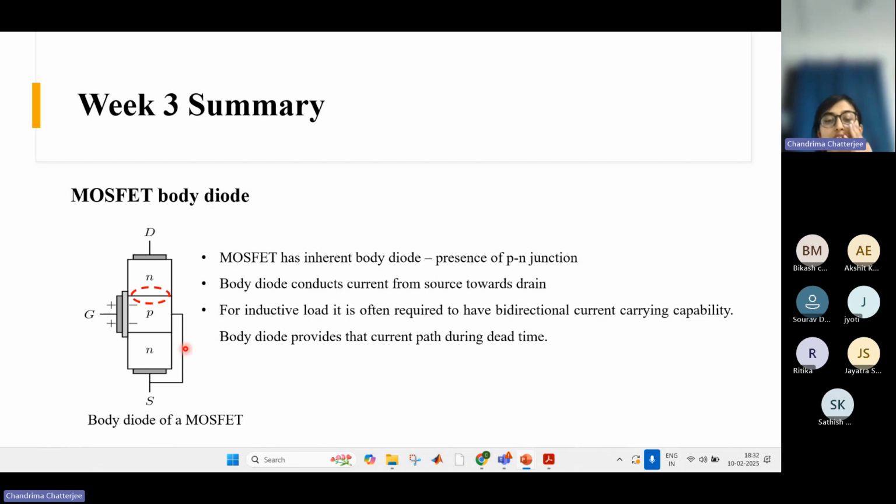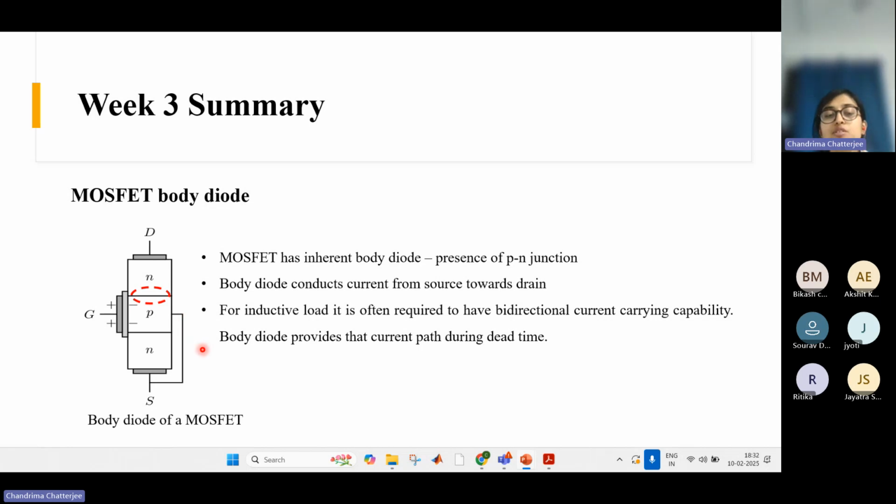So for some voltage source converters, if some inductive load is present, then sometimes it needs a freewheeling path during the dead time. During that time, it needs a current path because you can't interrupt inductor current all of a sudden.